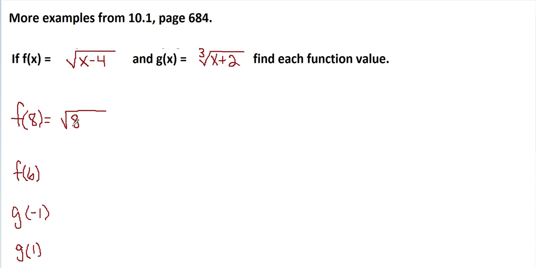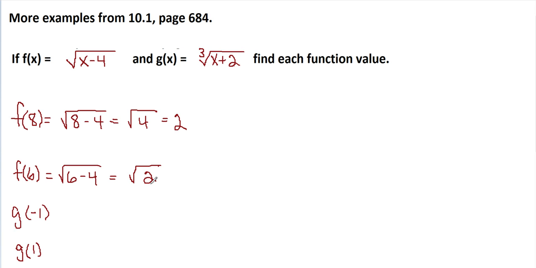So if x is 8, we'll just say the square root of 8 minus 4, which equals the square root of 4, which equals 2. Okay, that was pretty nice. The next one is f of 6, so we do the same thing. And now I'm going to replace the x with 6, so this is going to be the square root of 6 minus 4, which equals the square root of 2.